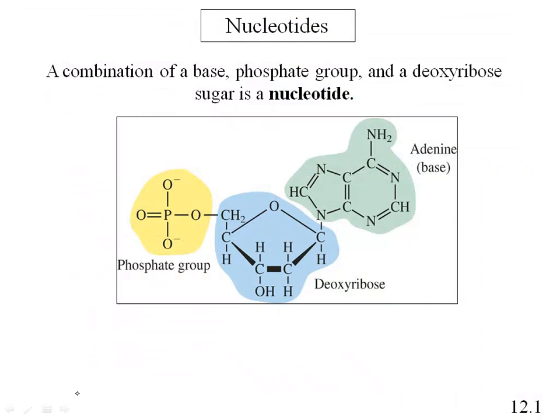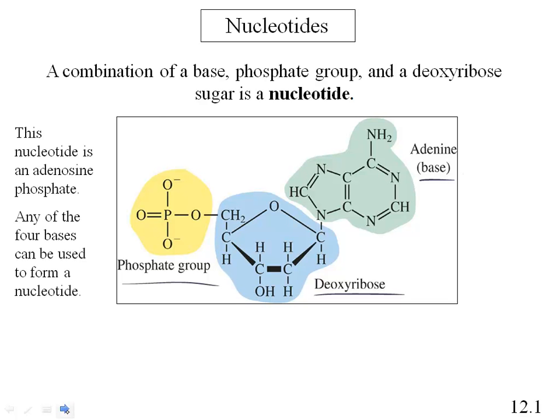Alright, so here's our nucleotide. We have the phosphate group, we have the sugar, and we have the base. Any of the four bases can be used to form a nucleotide.